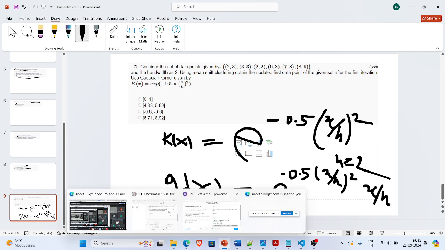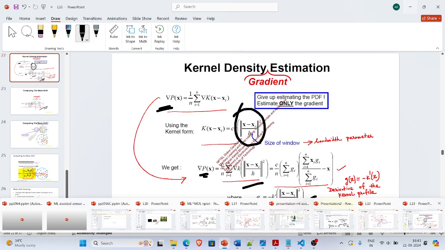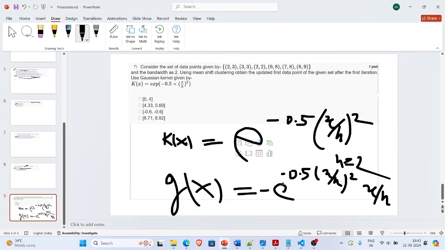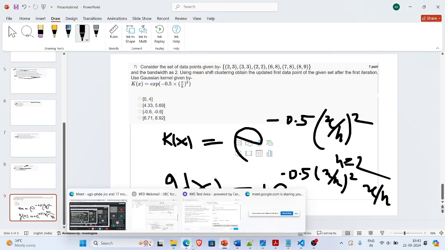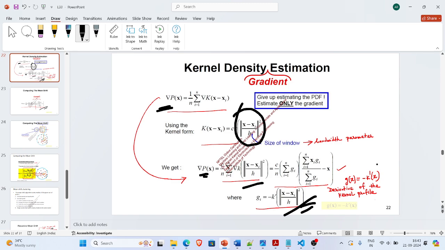Actually, the negative has to be there, so this becomes positive. So this is our gx, and we have to calculate this distance from the initial value of the centroid to every other point. That is important.